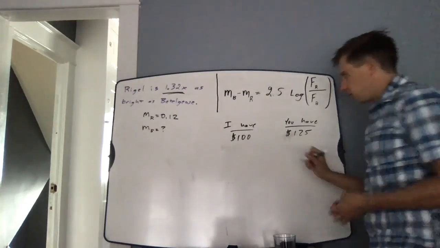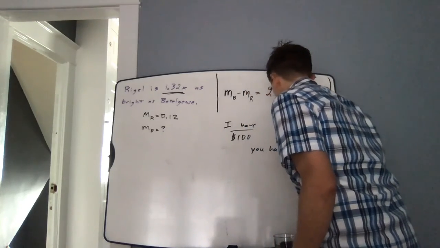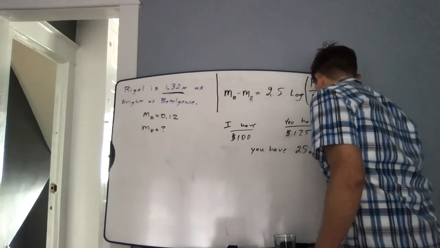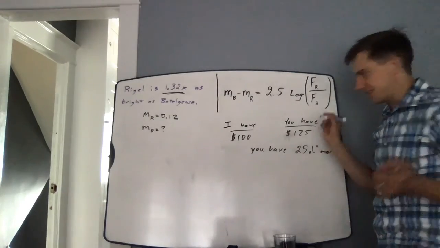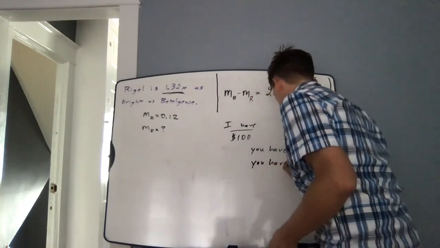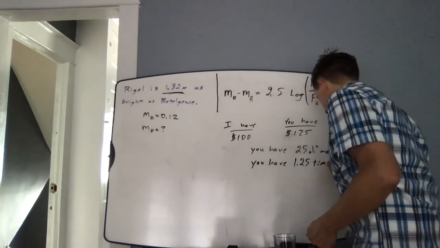In this case, we could say you have 25% more than me, which is also equivalent to saying you have 1.25 times what I have.